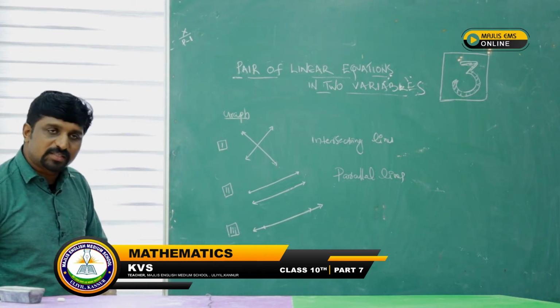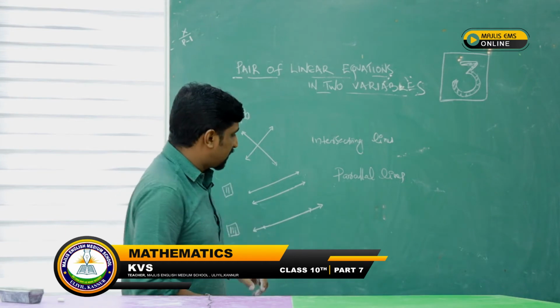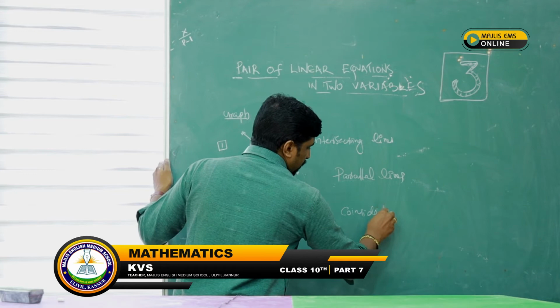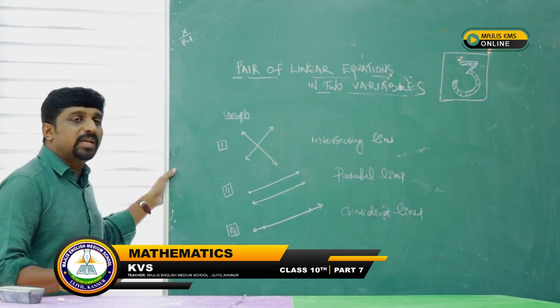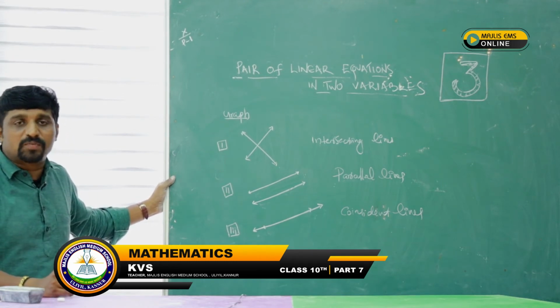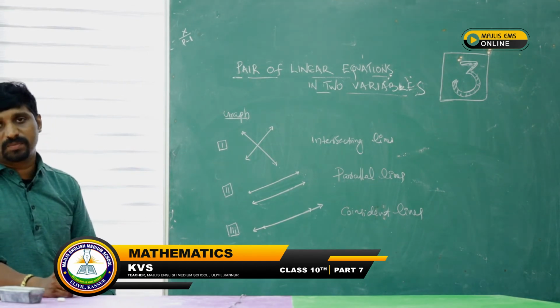In the third case the two lines are the same, which is known as coincident lines. Only these three possibilities we got.